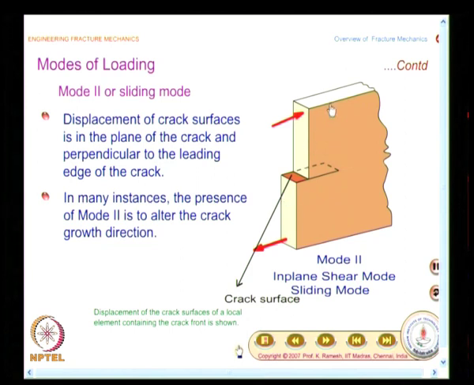You have the opening mode, you have the sliding mode, and the third mode is tearing like this, it is out-of-plane shear, that is what we are going to see. I hope you are able to make a reasonable sketch of this.